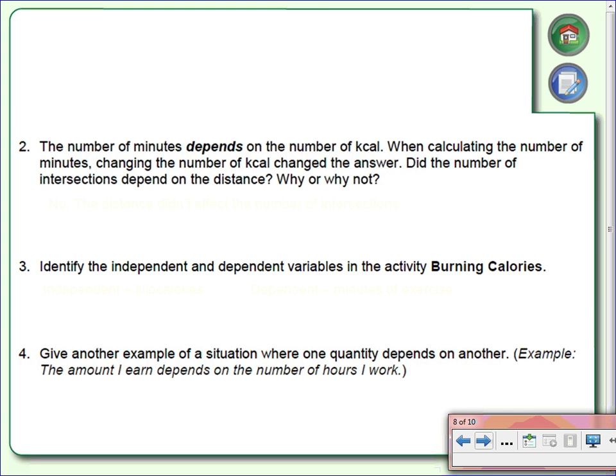Answer those questions for me. You have to think back, and if you can't remember, you can turn the page and find burning calories and miles and intersections.